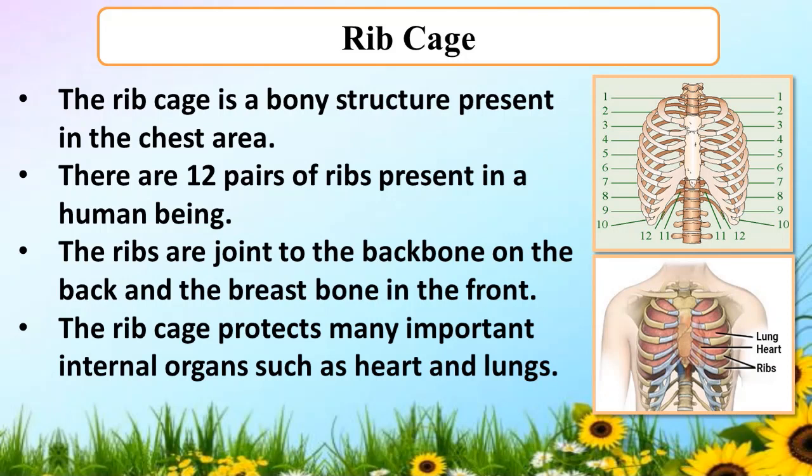There are 12 pairs of ribs present in a human being. The ribs are joined to the backbone on the back and the breastbone in the front. The rib cage protects many important internal organs such as heart and lungs.